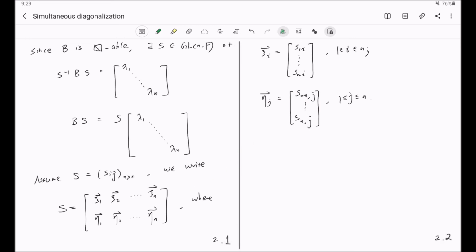Given these notations, as well as the fact that B can be written as this block matrix C, BKK and the other entries are zeros, let us compare both sides of this equation in terms of c sub i's and eta sub j's. Now star becomes the following.